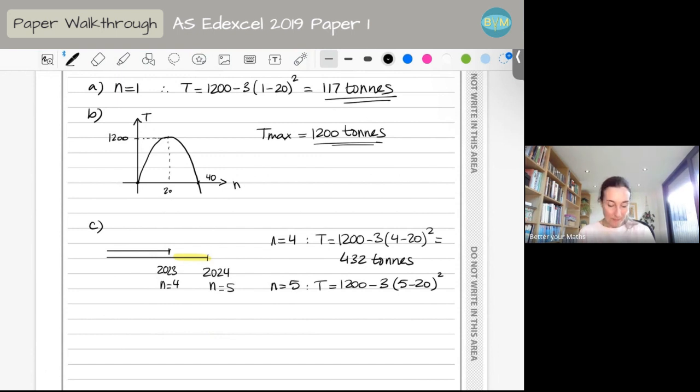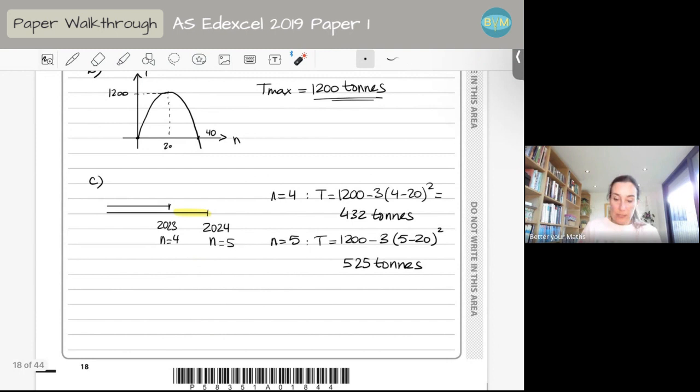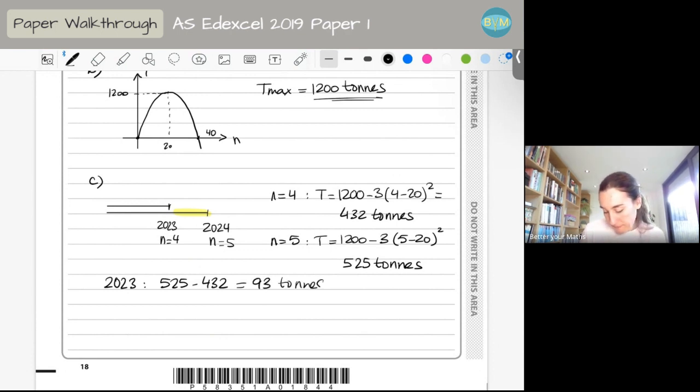So I have 525 tons, sorry. This is until January 2024, which means the difference is going to be what is produced in 2023. So in 2023, I have 525 minus 432, which is 93 tons. Yeah, because it's in just 1 year, not up to that year. If we substitute just for that year, we will find 2019, 2020, 2021, and so on.